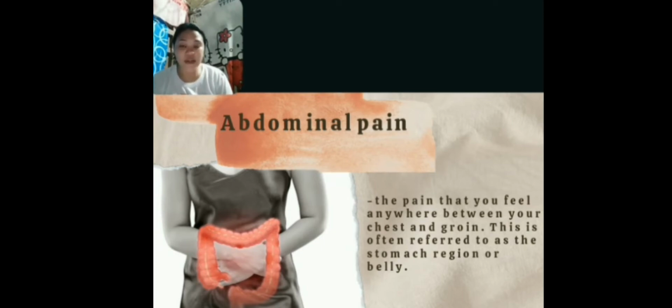Abdominal pain is felt anywhere in the area between the bottom of the ribs and the pelvis. Pain in the abdomen may be itching, stabbing, burning, twisting, cramping, or dull. There are many causes of abdominal pain.